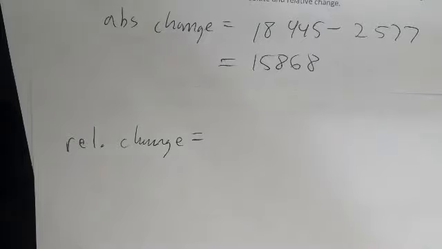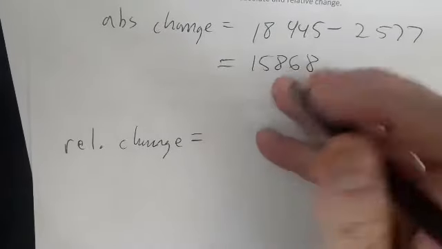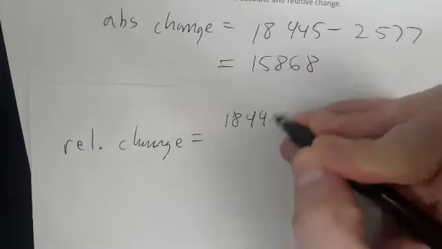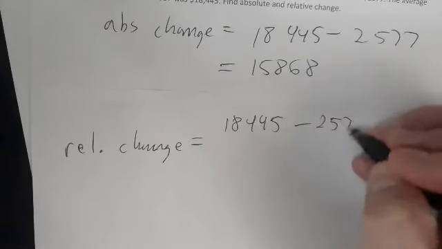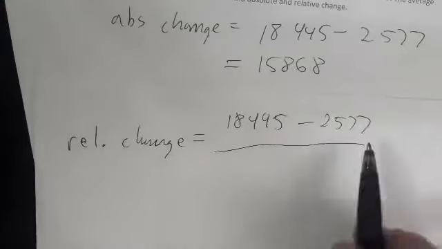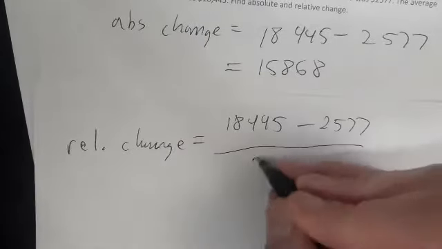Okay, so relative change. We want to do new minus old over old, basically, is one way to think about it. We're doing 18,445 minus 2577. We're dividing that by the old thing that we started with, which is the 2577.